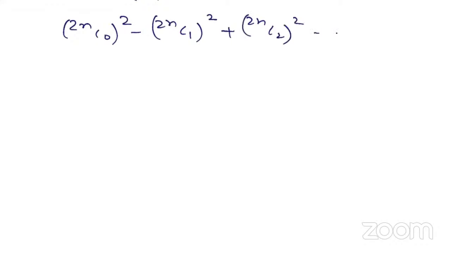Okay. So with the same concept, we have to go for this: 2n C0 square minus 2n C1 square plus 2n C2 square up to the last one, minus 1 to the power n, 2n C 2n square.